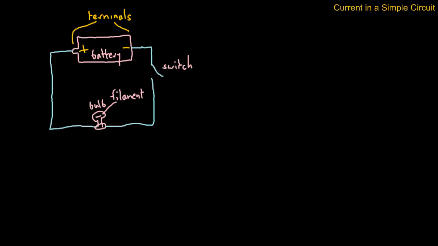And as we know, an electric current means a flow of electrons. So which way would the electrons flow? Of course, they're attracted to the positive, so the electrons like that would flow towards the positive terminal of the battery.